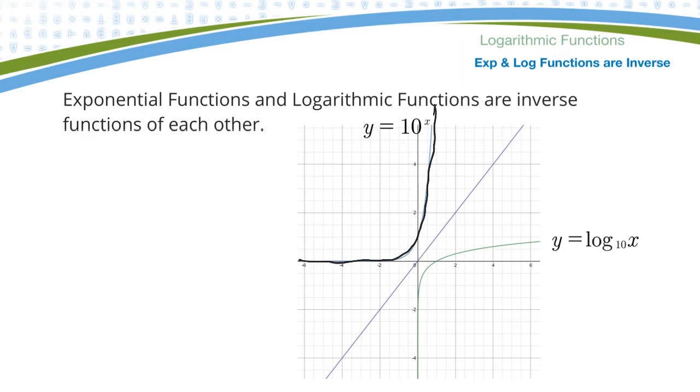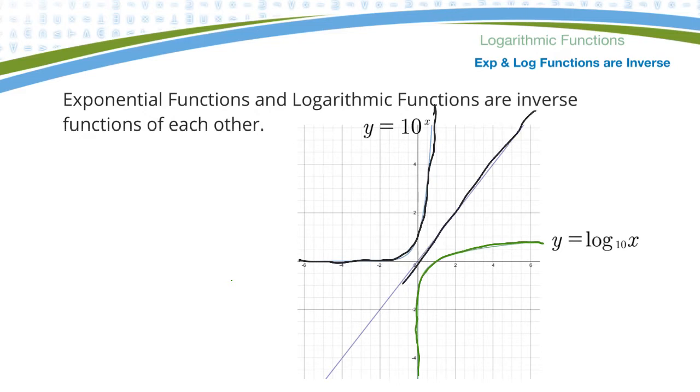And an inverse function, I won't go into in too much detail, is where the x and the y values swap places. Graphically speaking, an inverse function is one that, when you look at the graph, like this is the logarithmic graph, that they are reflections of each other across this middle line.